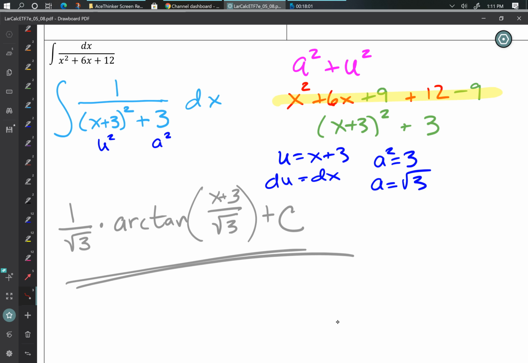But the green 9 that I added here, I had to subtract there, otherwise I'm going to change the value of the expression. So plus 9 minus 9, everything is good. Everybody's happy because the entire expression stays with the same value. It's x squared plus 6x plus 9 minus 9 plus 12.